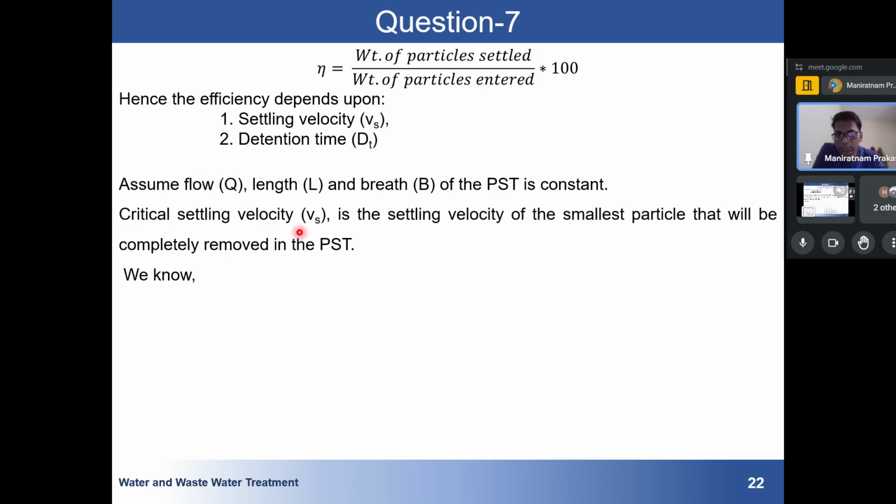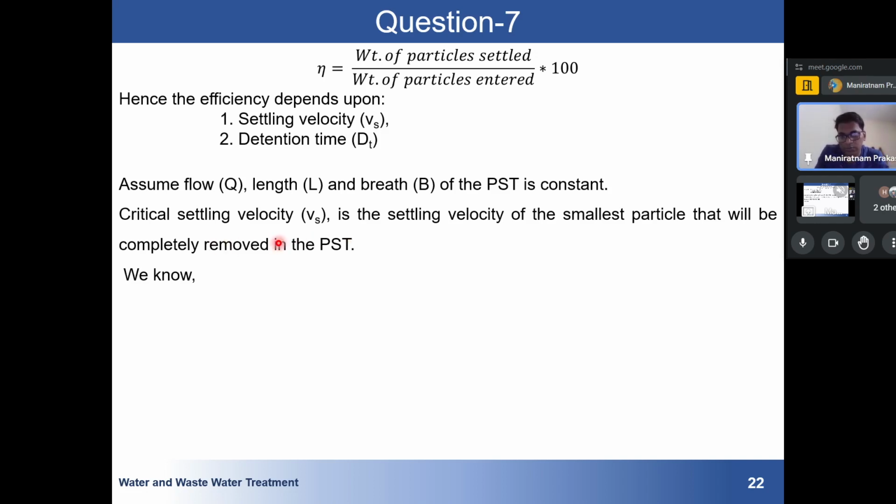Okay. The critical velocity is the settling velocity of the smallest particle that will be completely removed in the PST. Now we design in such a way that if a smallest particle is able to settle down, then obviously a particle which is larger than that will also settle down.